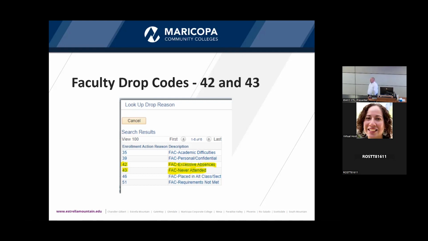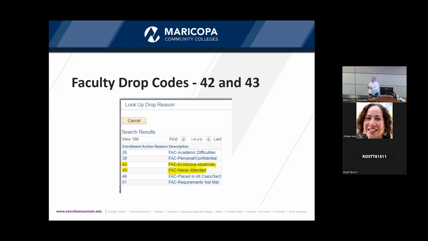Could you give some examples of when you would use 51 and or 35? So 51 is a really good example. We've actually launched some technology to look at when a student fails a prereq for a class and they move into the second one. So English 101 and 102 are probably the simplest.